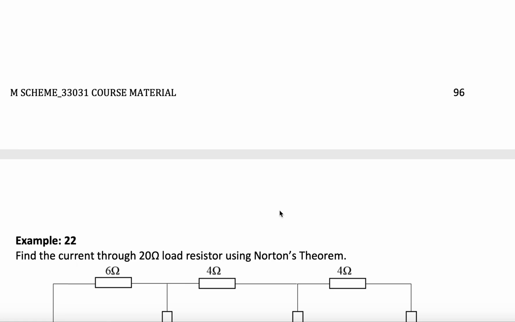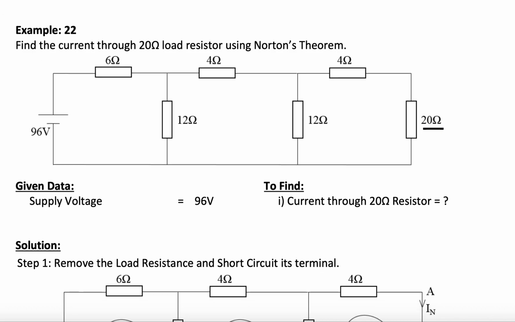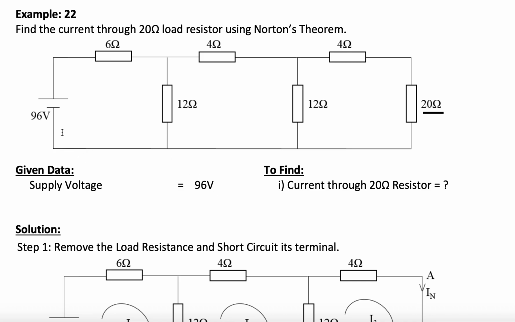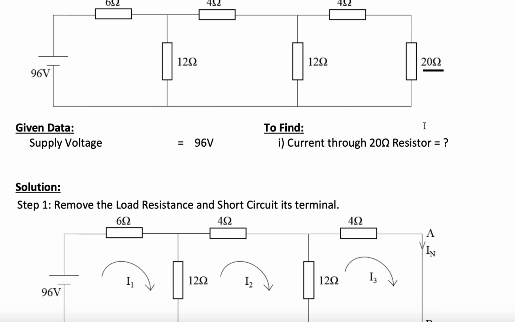Find the current through the 20 ohm resistor using Norton's theorem. This is the 20 ohm, and we need to find the current here. The applied voltage is 96 volts. Put A here and B here, and then proceed as usual.